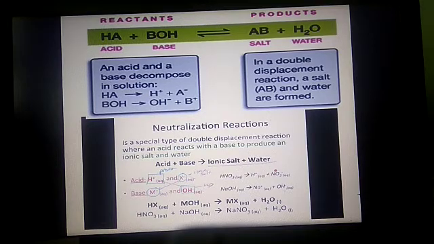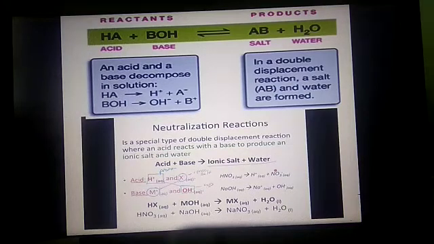So next is the neutralization reaction. It is a special type of double displacement reaction where an acid reacts with a base to produce a salt and water. So acid plus base gives salt plus water. The acid gives HNO3 in aqueous solution, H+ and NO3-.